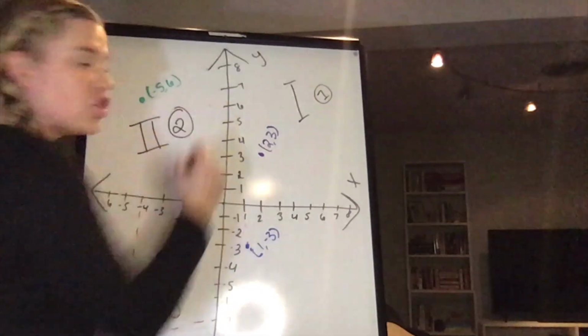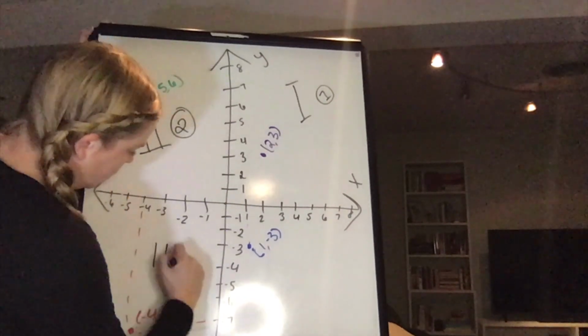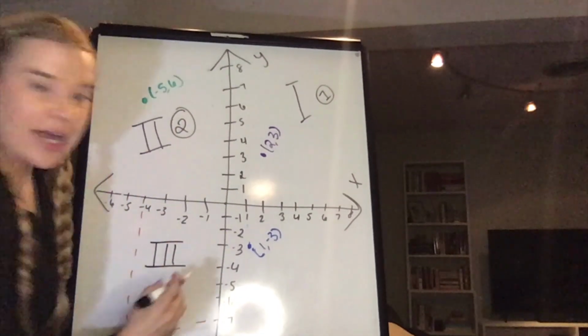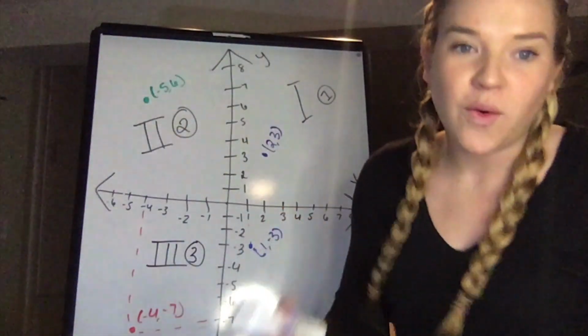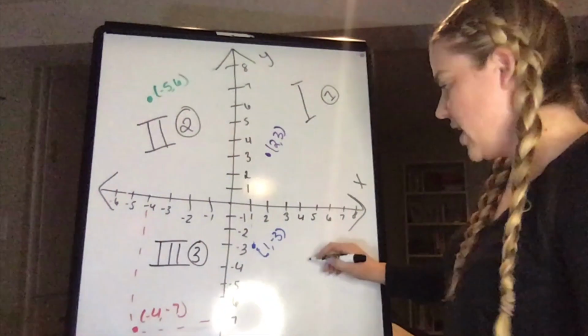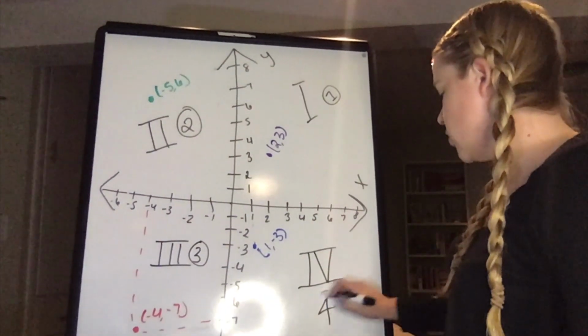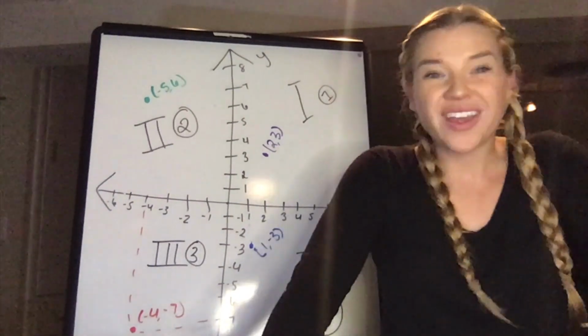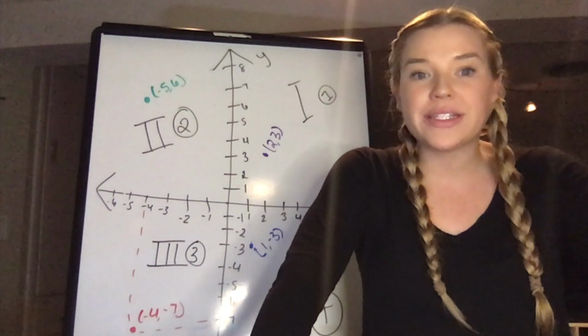This is quadrant 2. Then we go down. This is quadrant 3, which is, what do you know, 3 I's. And my last quadrant is quadrant 4, which is not 4 I's. It's actually an I and then a V. This is quadrant 4.